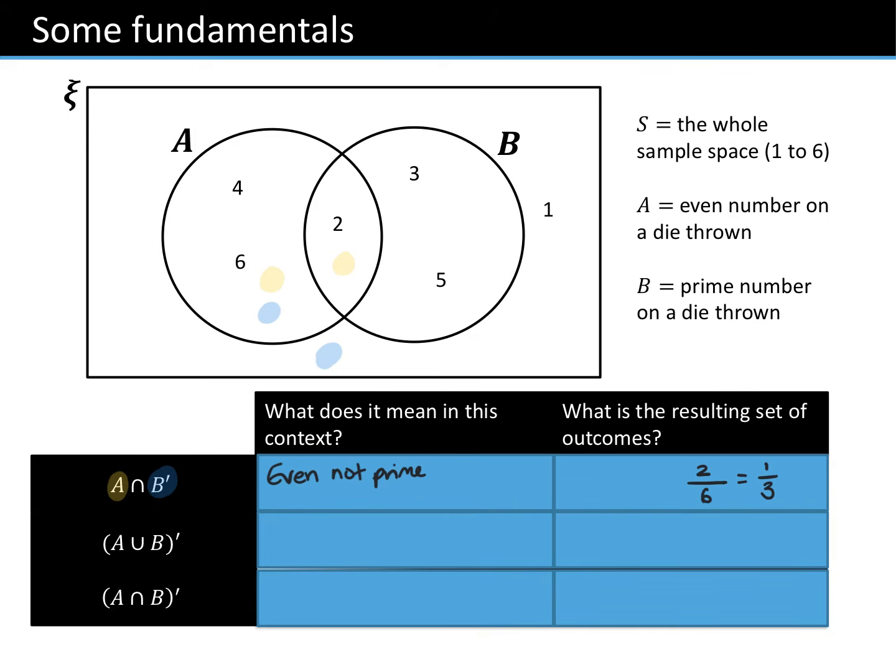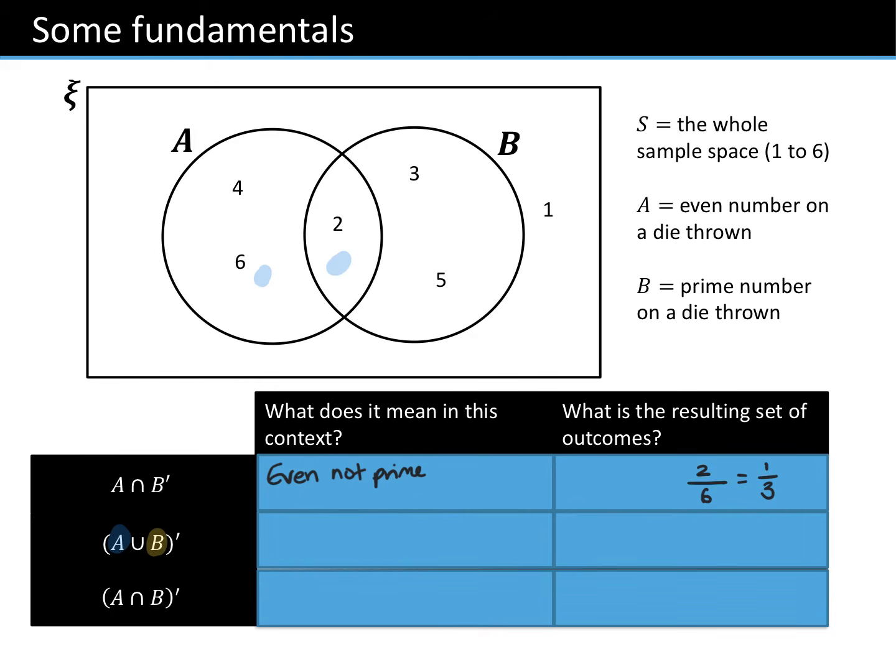Now for the next one, it says A union B complement. So this means what is the probability of rolling a number which is not even or a prime? Okay, now we know this, but if I was to do this, I'd do the probability of A, which is here.